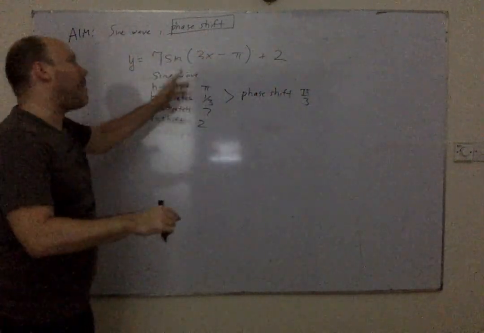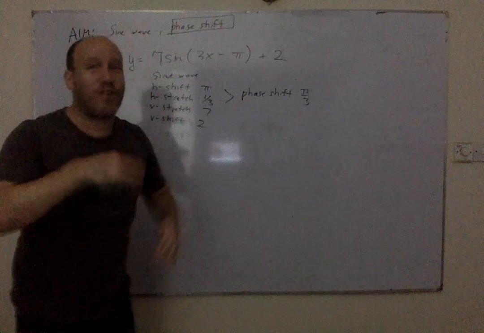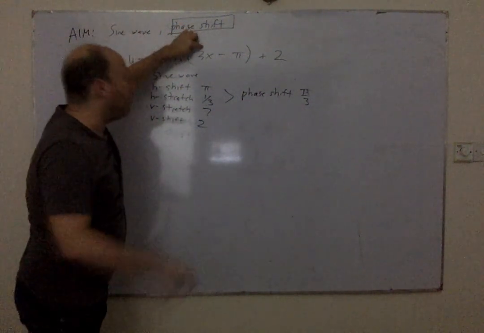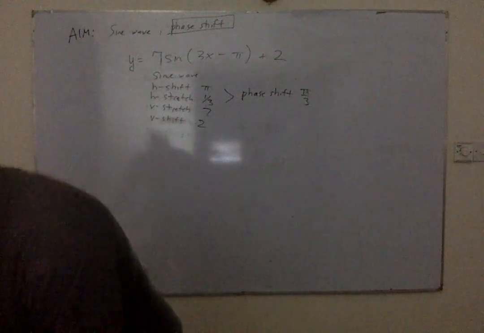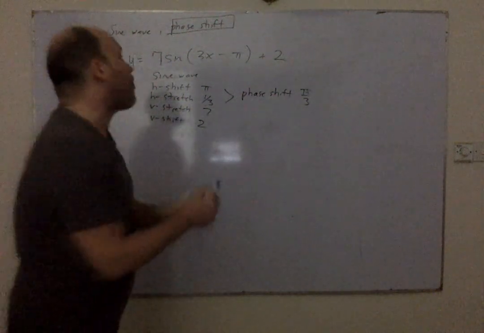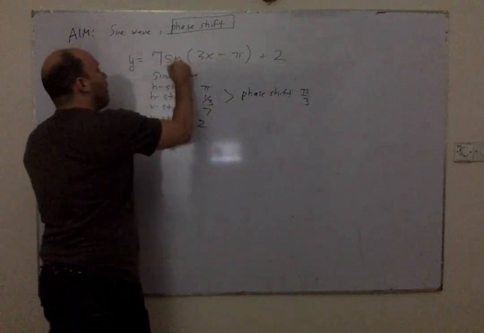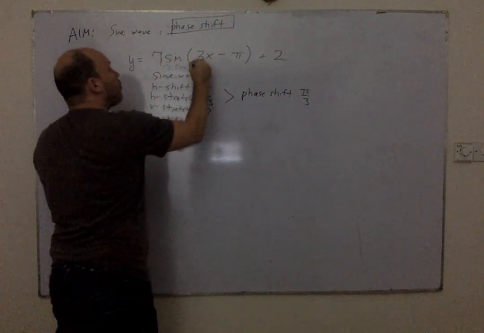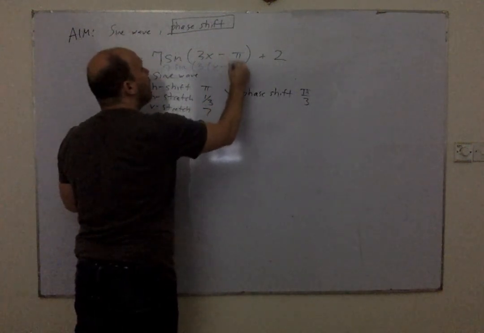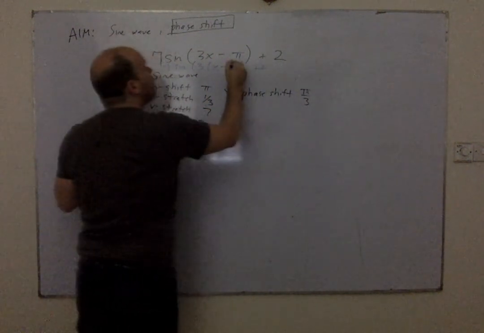When I first started teaching this to you guys, I said, factor out the 3. So if I factor out the 3 and write this as 7 sine of 3 times (x minus pi over 3), this is our phase.